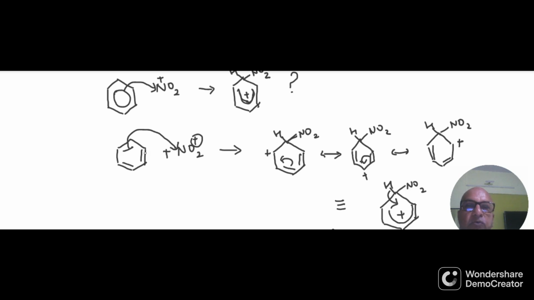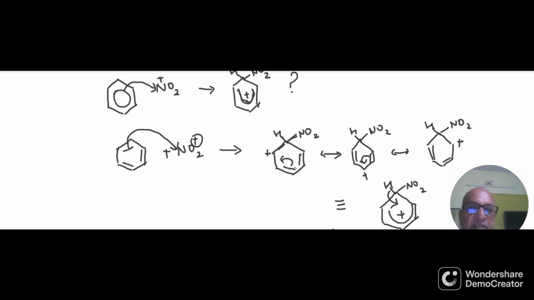Because this electron pair has moved from this position and is being used to form a bond with NO2, you will actually get a positive charge on this carbon. You can see that here there's a deficiency. There are only three bonds because one is a hydrogen which is not visible. Here already there are four bonds, so you won't get a positive charge here. So the positive charge is here.